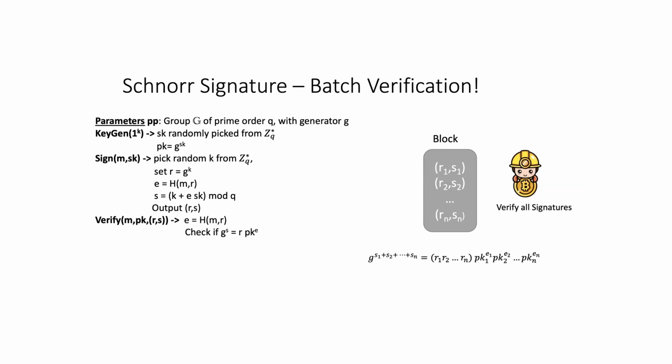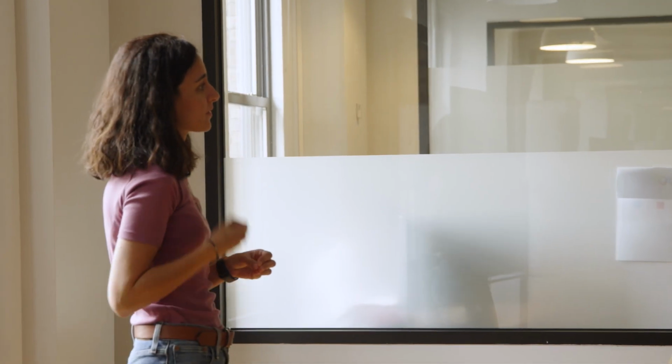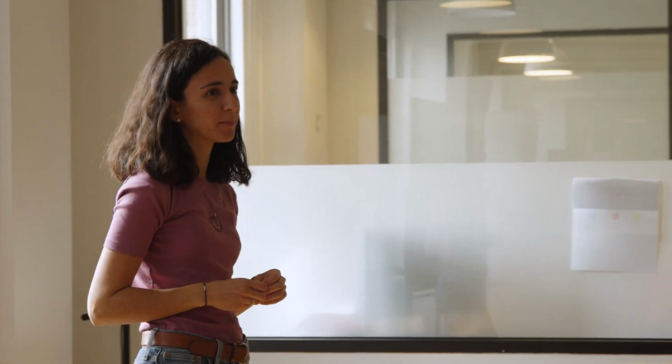But because of some linear properties that Schnorr satisfies, you can take the sum of all the s's and raise g to the sum, which is now 1 exponentiation, then multiply all the r's together, and then of course do the separate exponentiations for every public key. So you go from 2 times n exponentiations to n plus 1. This is a significant improvement in verification time.